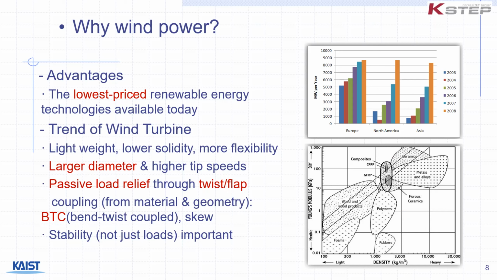To minimize the noise coming from the propeller. That is the same idea we can use in reverse way, the passive load relief way, so that they generate less bending or stress.